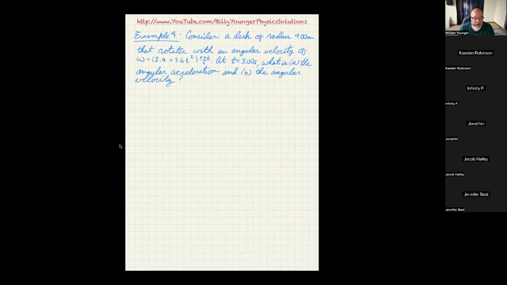Let's say part C, if theta of t equals 0 is 3.75 radians, what is theta of t?